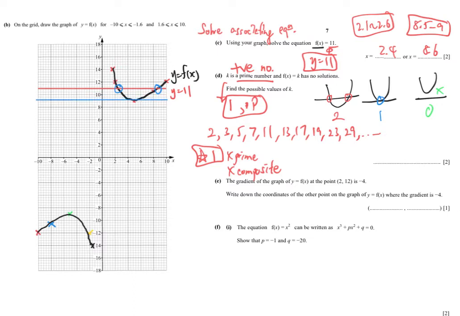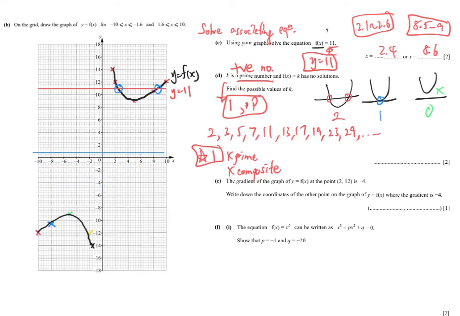And right here, when k equals 9, we will have 1 solution. But when k is less than 9, the blue horizontal line doesn't touch the black curve y equals f of x, so there will be no solution when it is less than 9. This continues to be no solution until it becomes 0 and then negative.